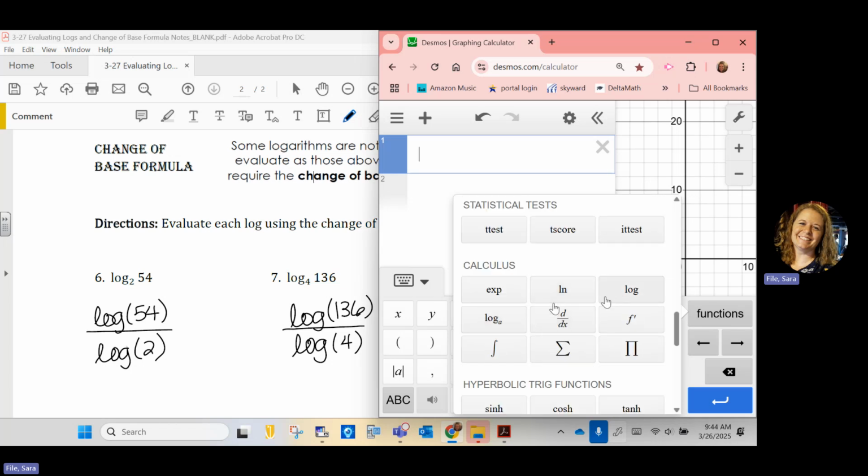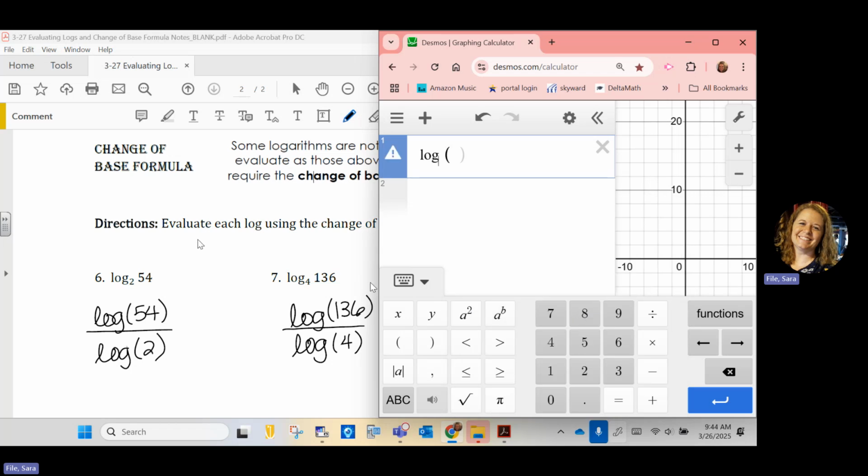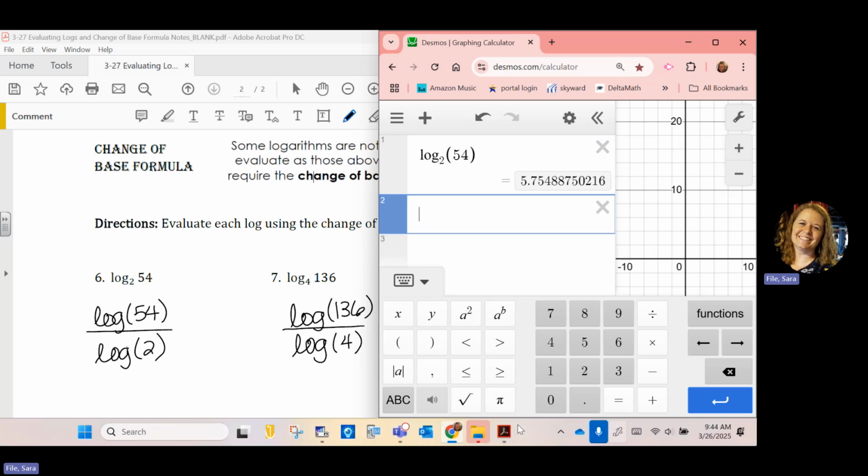Because if I want to type this in the way that it was given, log base 2 of 54, I have the option of doing that and calculating this. But if I didn't know how to put the base in, or before calculators were able to do that, you would have to do it with change of base and say log of 54 over log of 2.